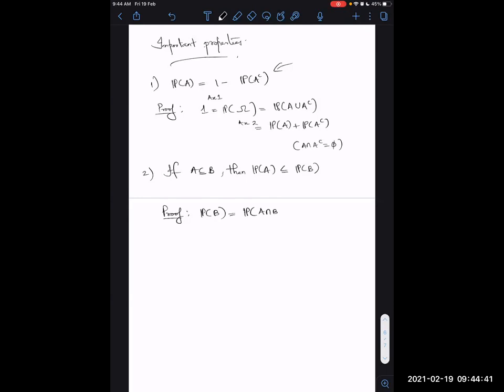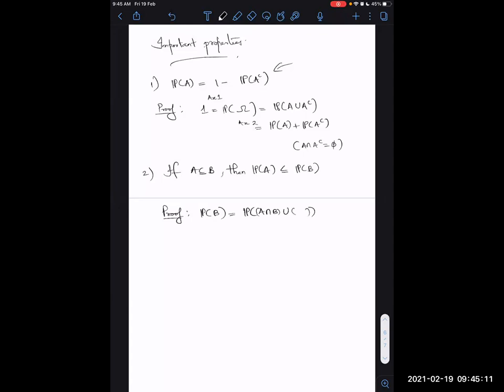Can someone tell me how to write B as a union of disjoint events with respect to A? I have written one disjoint event here. What would be the next event?